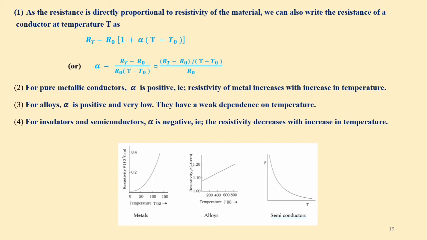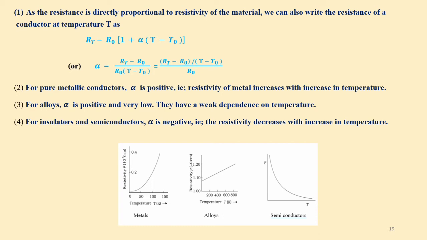Now we are writing in terms of the resistance. So this equation clearly indicates that resistance and resistivity are directly proportional to each other. Alpha equal to R T minus R naught divided by R naught into T minus T naught. Rearranging this equation, we get again alpha equal to R T minus R naught divided by T minus T naught, whole divided by R naught.